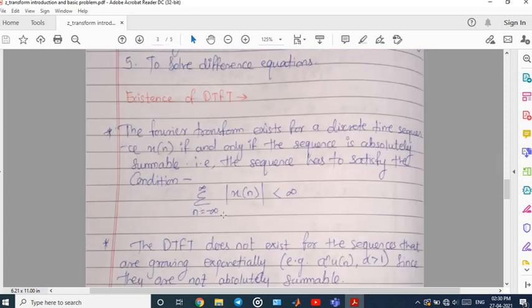The sequence should be summable. If it is infinity, it is not summable. If it is less than infinity, or finite, it is called summable. So if this condition is satisfied, then only the DTFT exists, otherwise the DTFT does not exist.